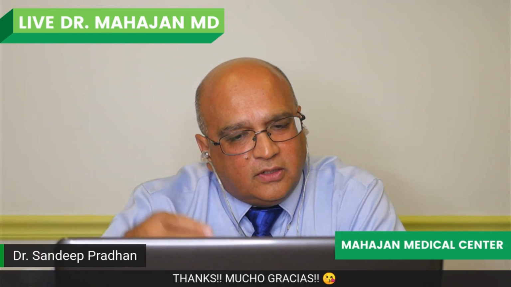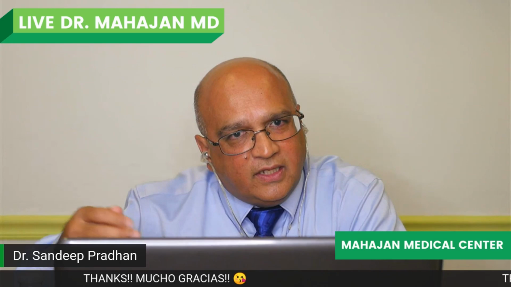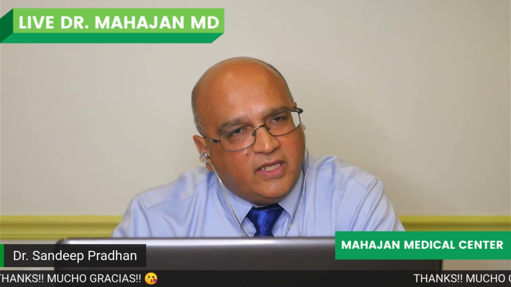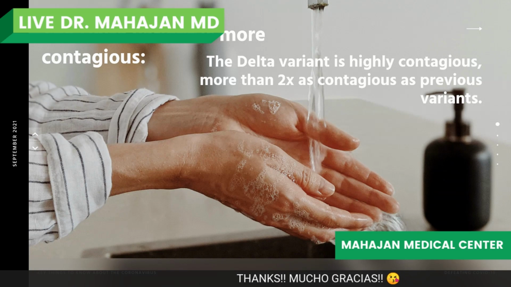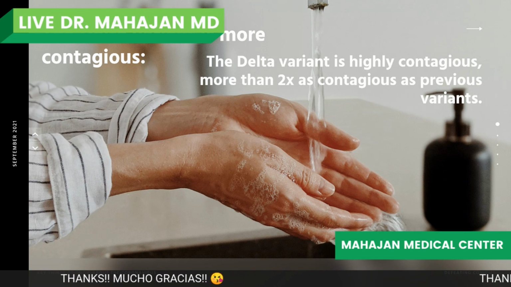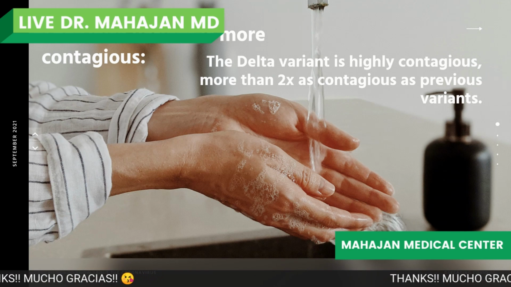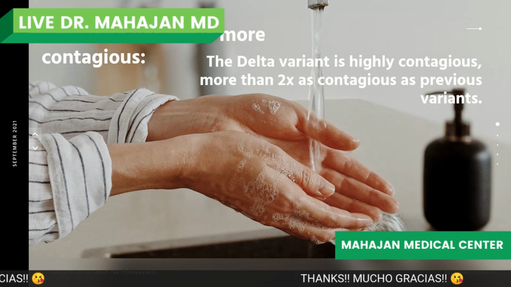So the rate of progression of the illness or infection in the community can very rapidly scale up, and suddenly, from one household to the entire neighborhood to a city can get infected in a matter of days, which is what happened. So that is the significance of the Delta variant.